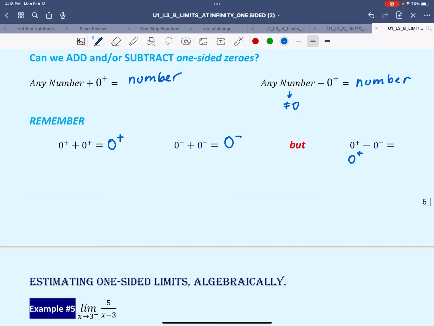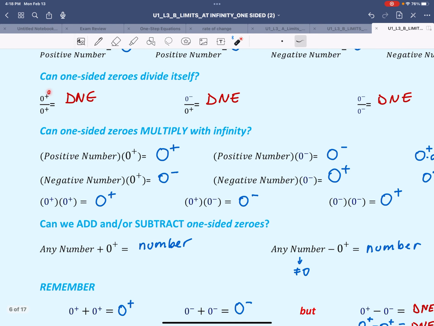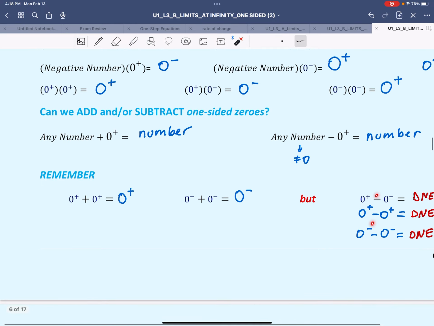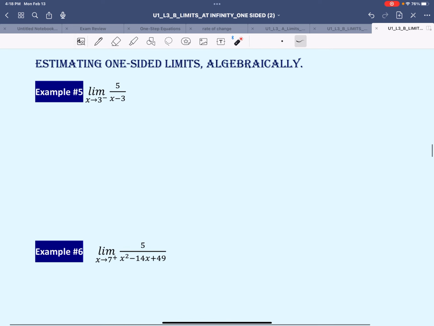So we cannot find the difference between two one-sided zeros. So we're going to say it doesn't exist. So two are the cases, and it's very similar to what happens with operations with infinity. So the division of a one-sided number by itself is not possible, and the subtraction of two one-sided zeros is not possible.